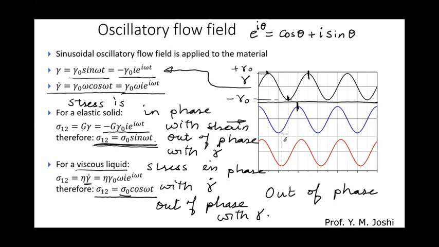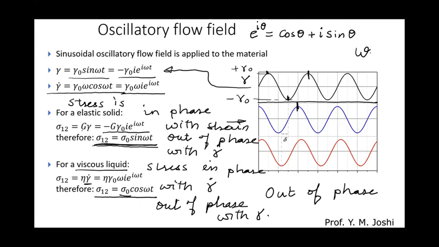And this behavior very strongly depends on the observation time scale. What is observation time scale over here? Observation time scale over here is associated with the frequency with which you are applying this particular sinusoidal strain.